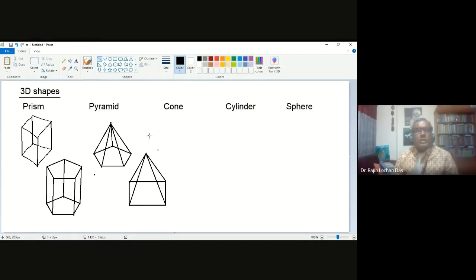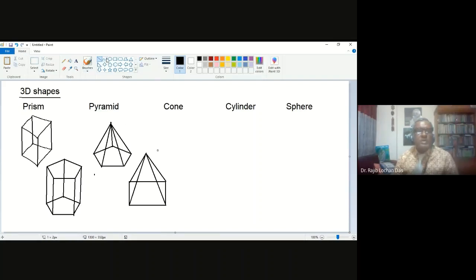Okay. So if you think about cylinder and cone, these are exactly like prism and pyramid. So cylinder will be like prism, and cone will be like pyramid.